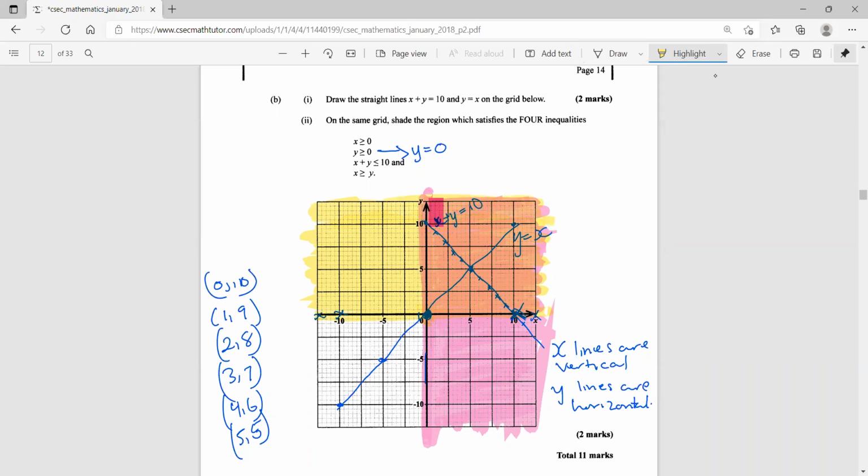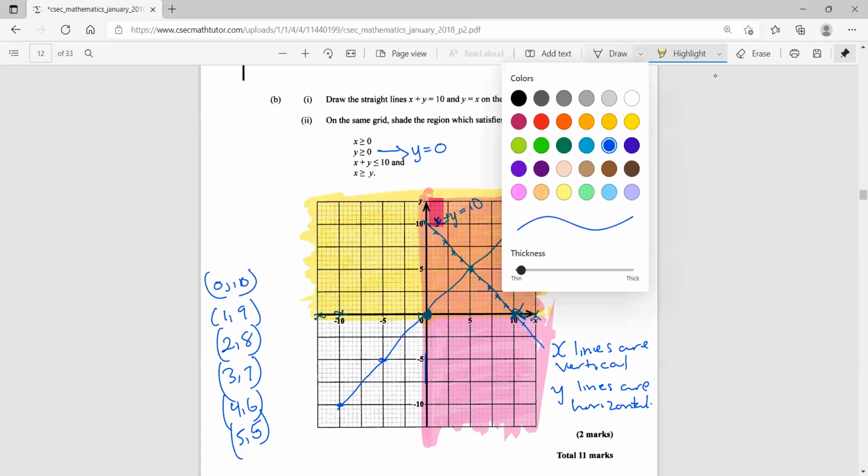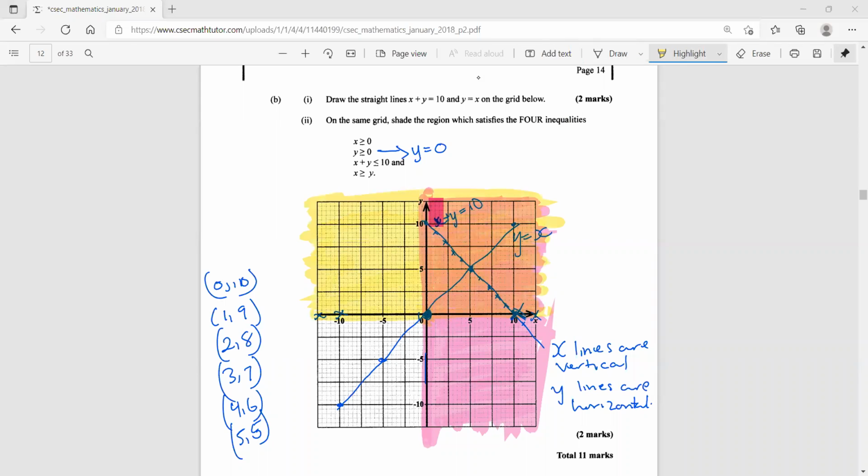You're all mixing up the negatives for the different axes. That is why. So this is the y is equal to 0 line. All the numbers above this are greater than 0. That's why we shade the entire thing. You all with me?